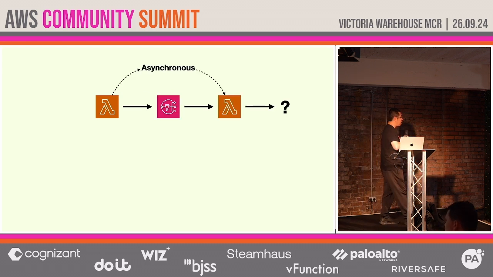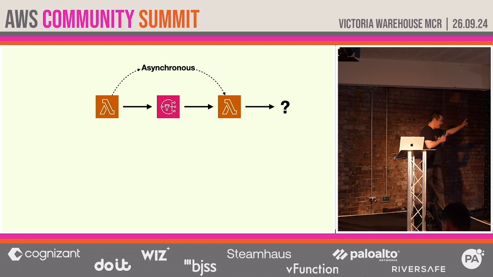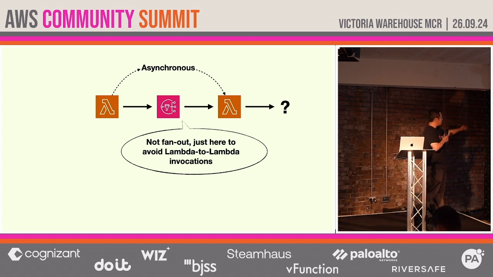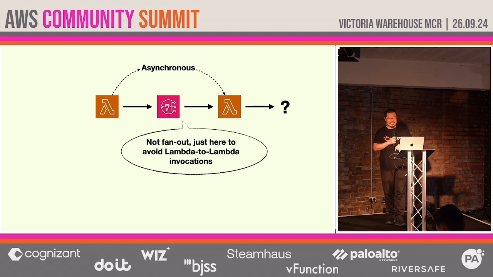I also see this a lot. People say, oh, Yan says Lambda-to-Lambda calls are bad, so we should avoid that by sticking an SNS topic between our functions, so we now have an async invocation. But I ask, okay, do you ever plan to fan out? No. The only one that cares about that message is that other function there. We just want to avoid Lambda-to-Lambda function calls because you say it's bad.